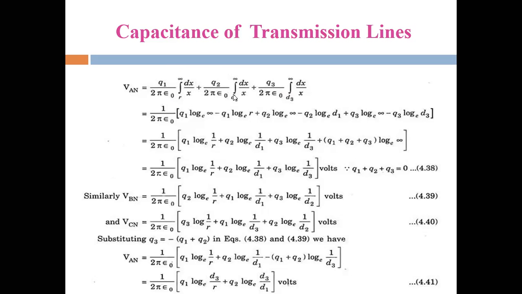We take d1 because it is the distance between conductor A and conductor B.